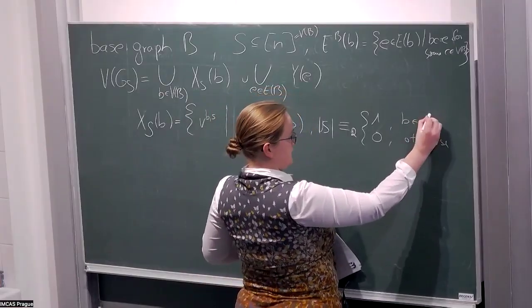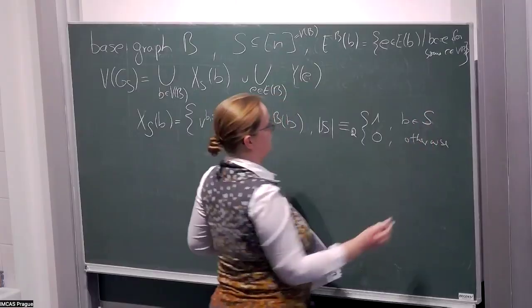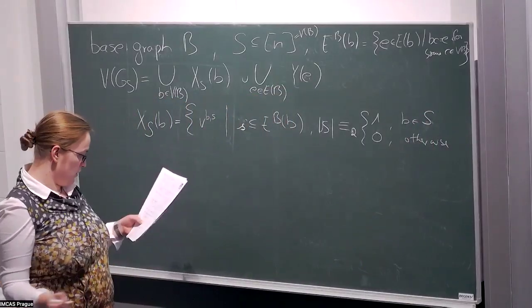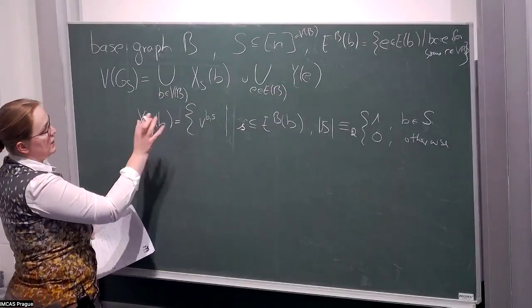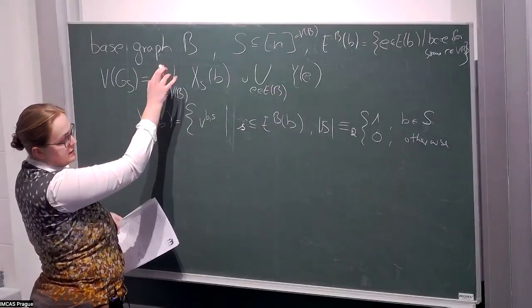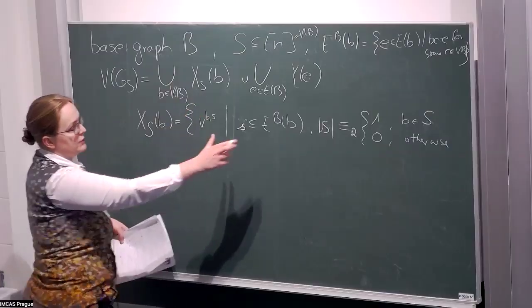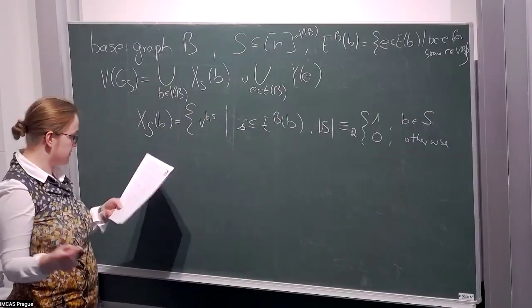And this is large S again. So this is the vertices which belong to the vertices of the base graph. Then we also have vertices which belong to the edges of the base graph.